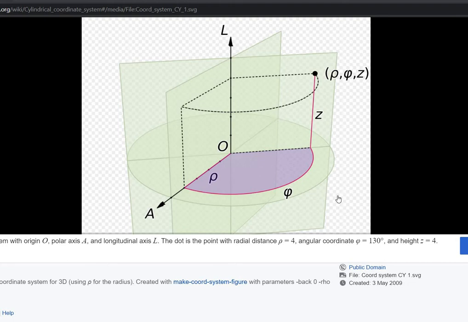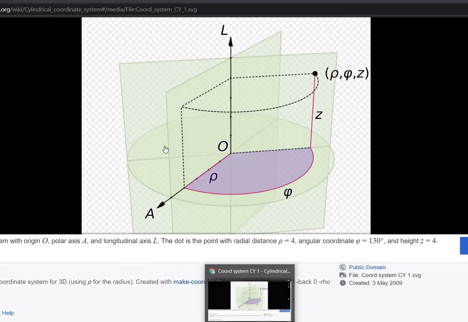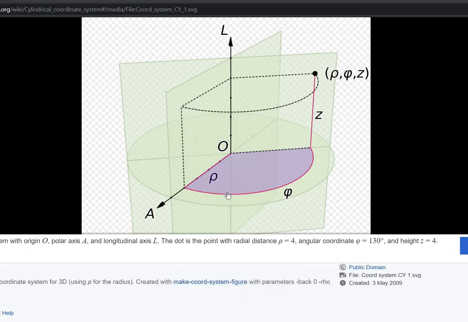In the rectangular coordinate system, we have x, y, z coordinates: x, y means the point's x, y coordinates, and z means its z coordinate. In this cylindrical coordinate system, we are going to change this xy into the polar form.